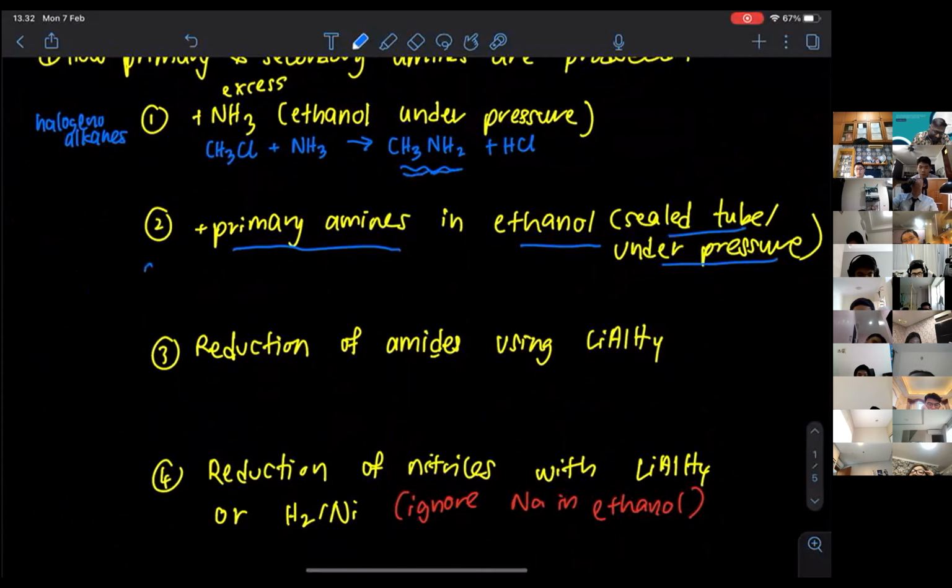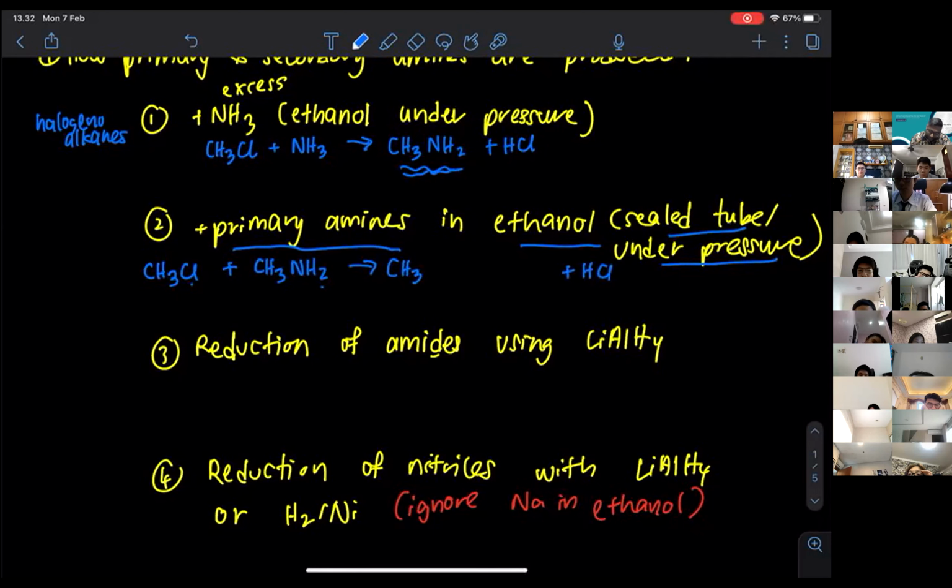I just use the same example, CH3Cl. They can react with a primary amine, so they are going to give you CH3, and then you will have the one H over here, and this Cl will give you HCl.